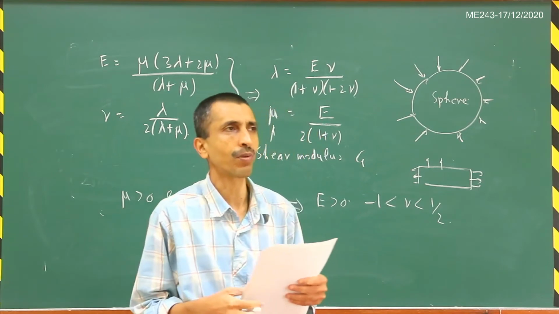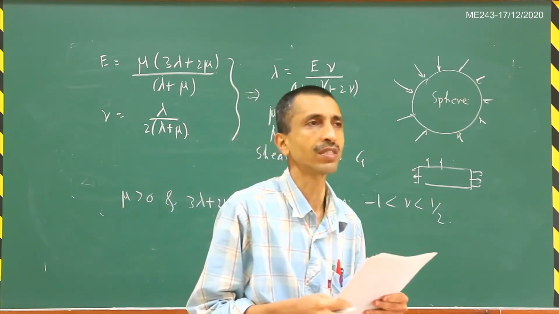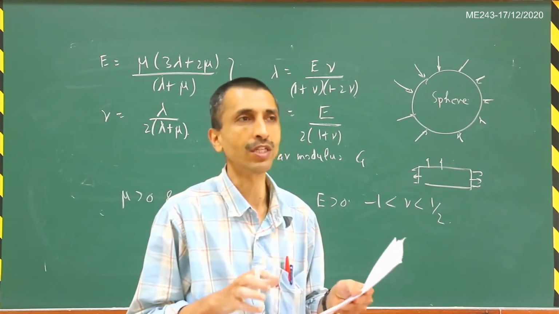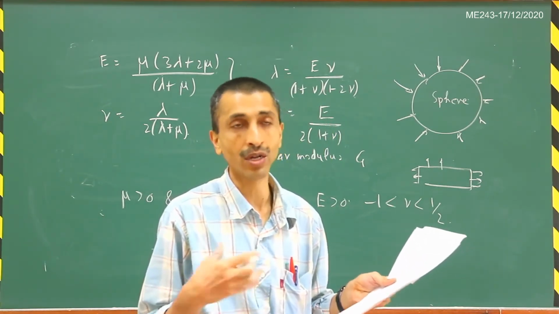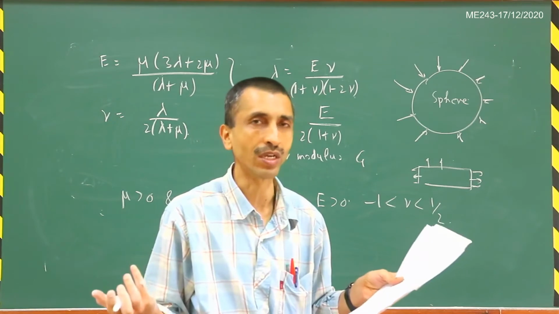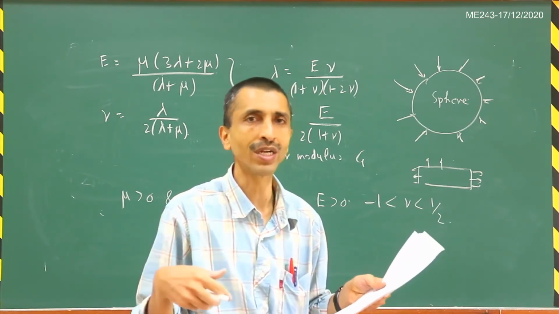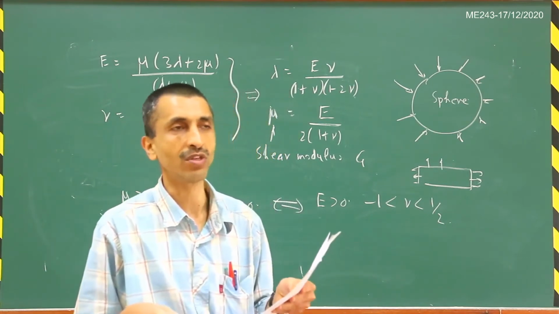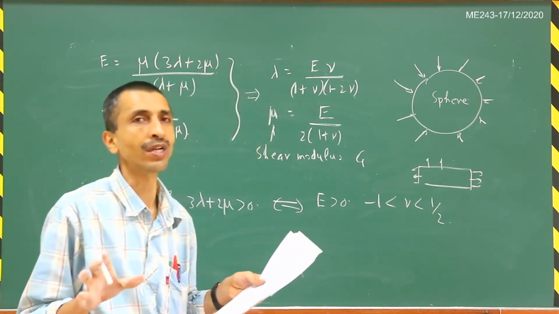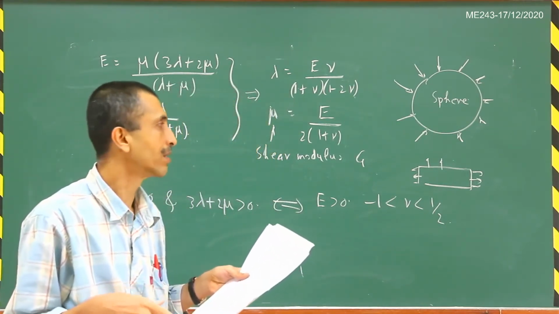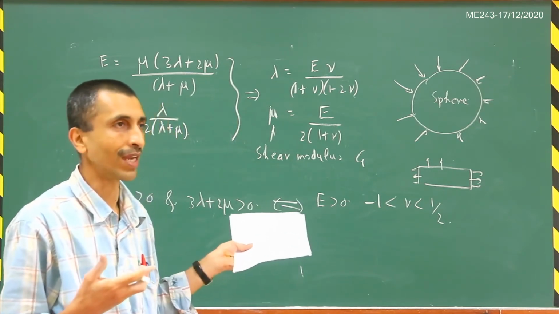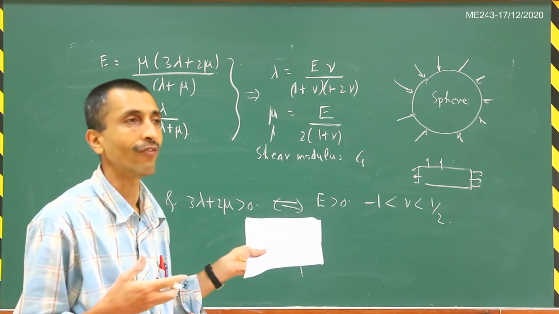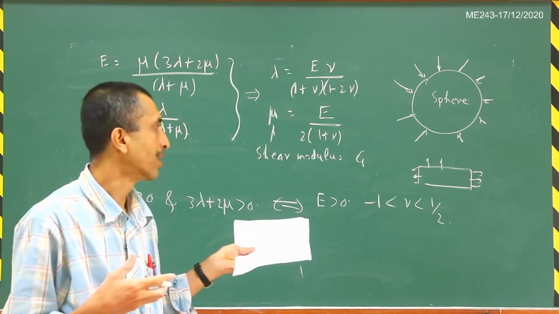But that is not a problem, because there is no such thing as a balance of volume. It is just a balance of mass, not a balance of volume. So volume is allowed to increase. Correspondingly, the density will decrease, so that the product of density times volume ensures that the mass is conserved. So at least theoretically, we can allow for a negative Poisson ratio.